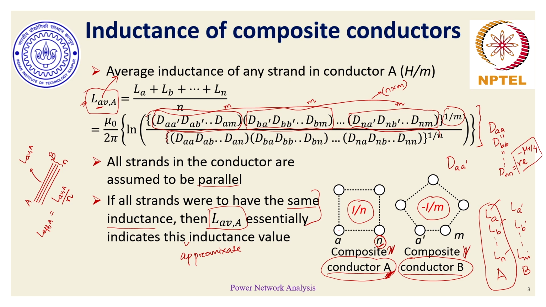So let's say I have to find the equivalent inductance, how do I get this expression? Let me explain that. You have to find the effective inductance of n parallel inductances. What I would do is take the inverse of the individual inductances, and then add these inverses for all the strands. Since this average inductance is the same for all strands, if I add this up and simplify, I would get this number.